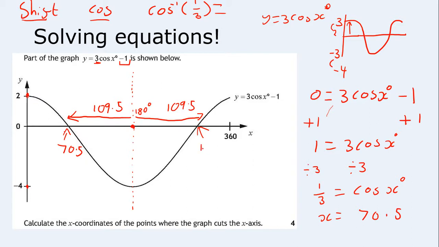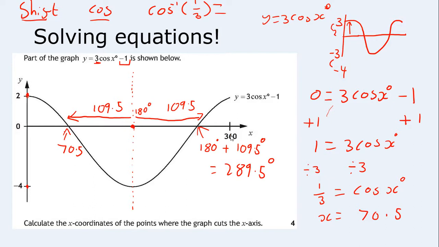So this point is found by doing 180 degrees plus 109.5 degrees. And if you do that, you'll find out the answer is 289.5 degrees. Okay, and those are the 2 points.